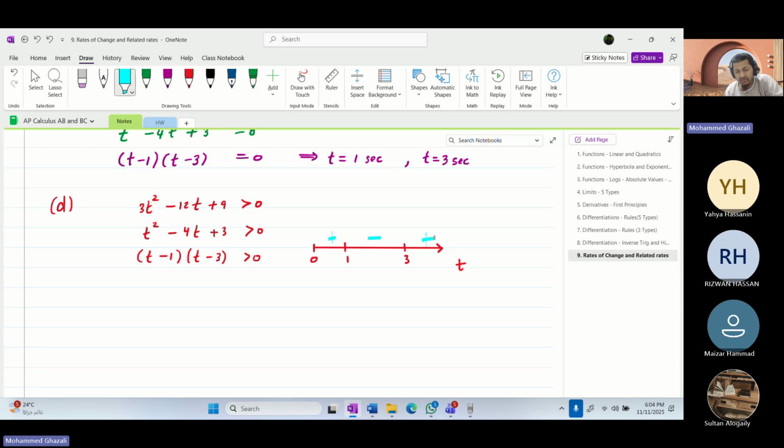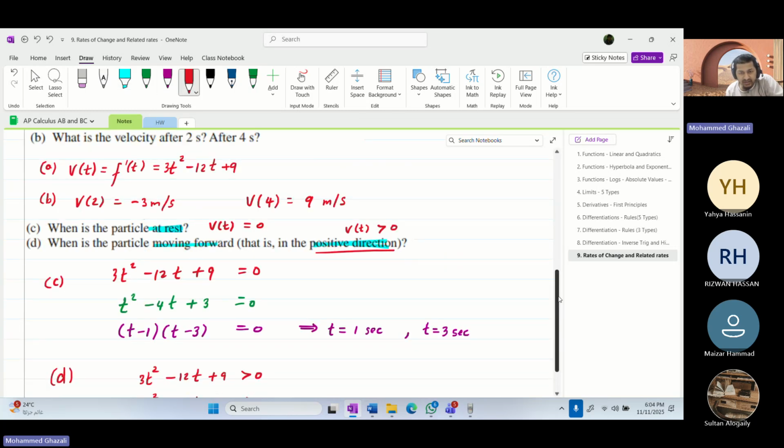So positive. If you get one of the signs, and if these are linear factors, then you can alternate them. Only if both the factors are linear can I alternate them, as long as I find one of the signs. So when is it moving in the positive direction?